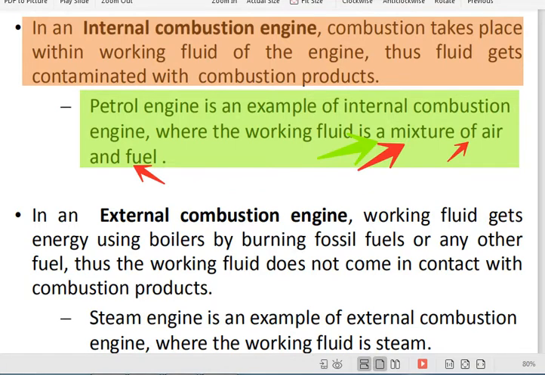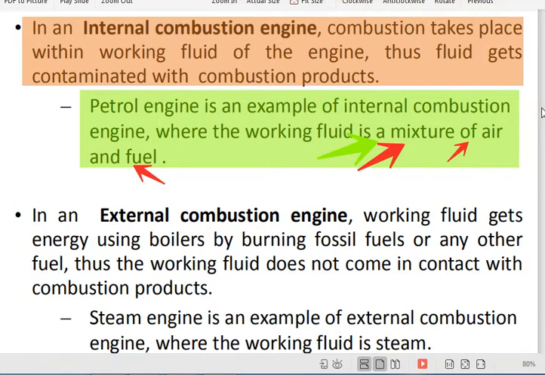Now what is an external combustion engine? In an external combustion engine, the combustion of the charge takes place outside the cylinder. Cylinder means the combustion chamber where you have the piston and cylinder arrangement, or you can also say a slider crank mechanism.